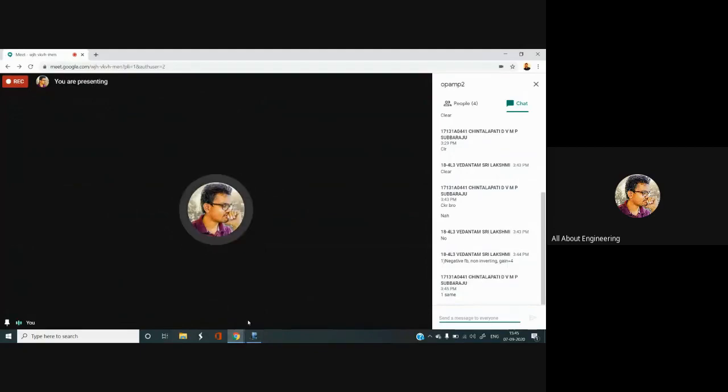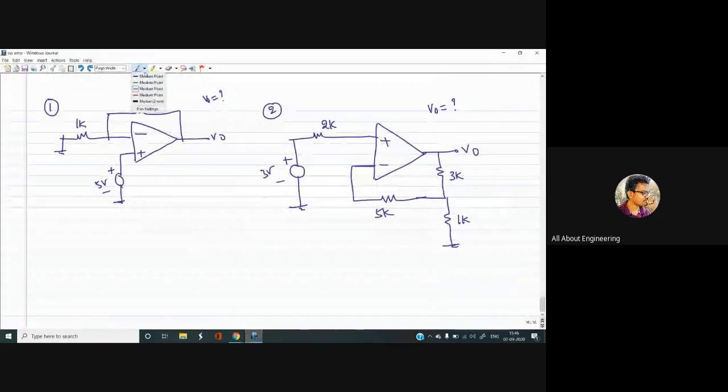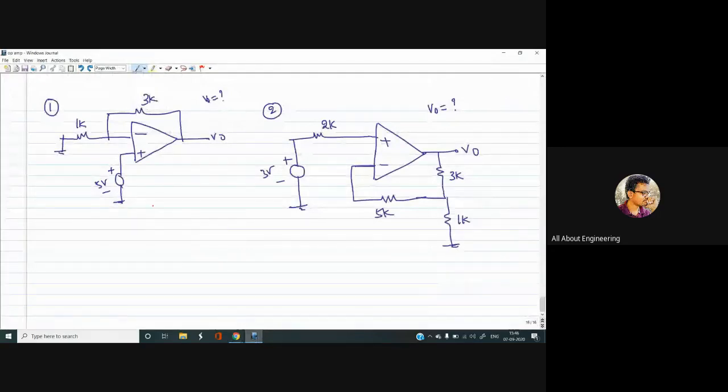You can go with the next question, the second question. So let me explain this for other viewers who would watch on YouTube. Here it is a simple non-inverting amplifier. As the input is given at the non-inverting terminal, that is the positive terminal, it is called a non-inverting amplifier. For a non-inverting amplifier, the output would be 1 plus RF by R1 times Vin.